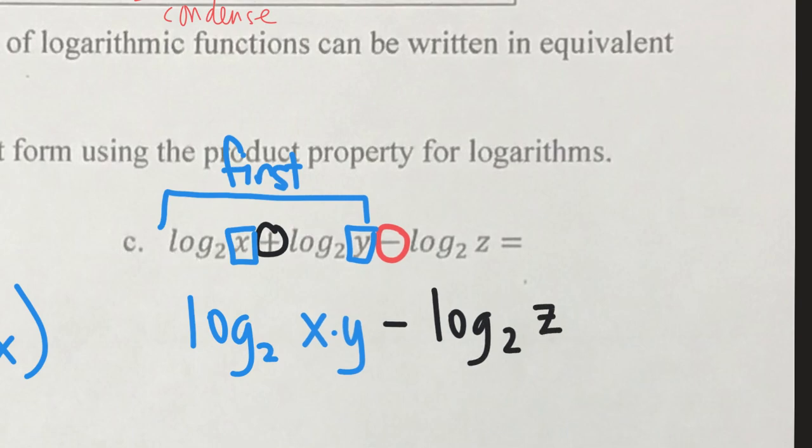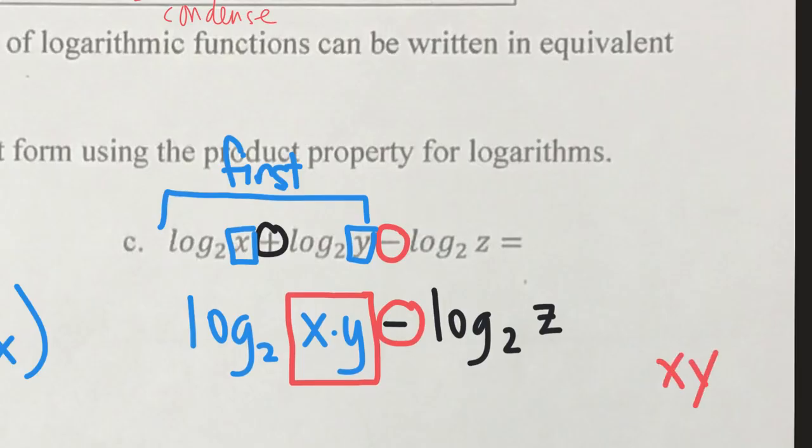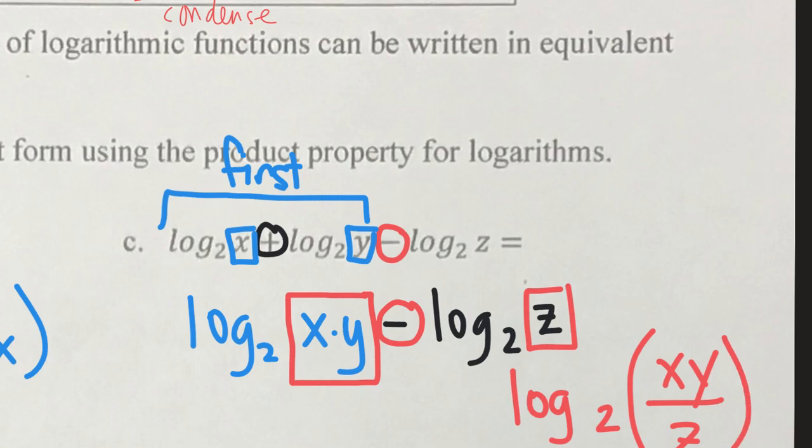So first we condense by changing addition to multiplication. Now we're going to do our subtraction and change subtraction into division. The thing in front of the minus, our x times y, becomes the numerator, and the thing after the minus becomes the denominator. So one log base 2 of x times y divided by z.